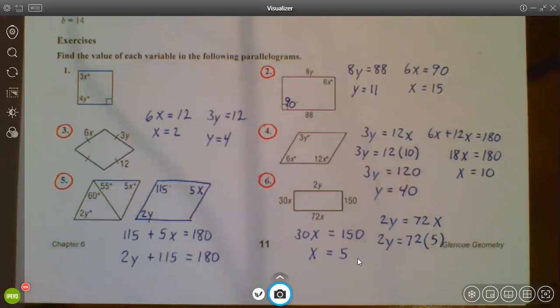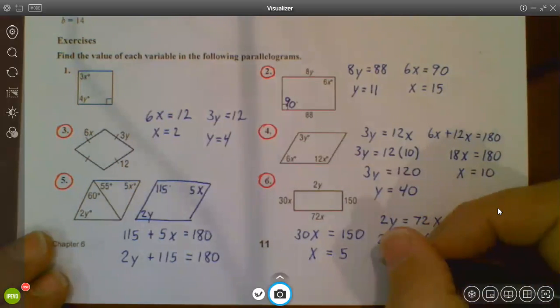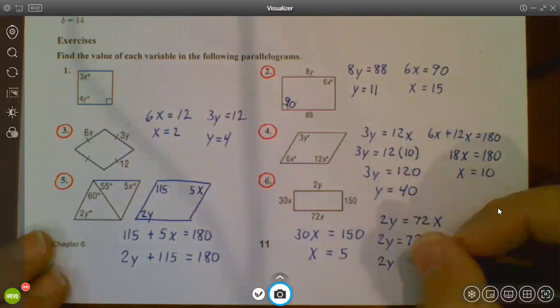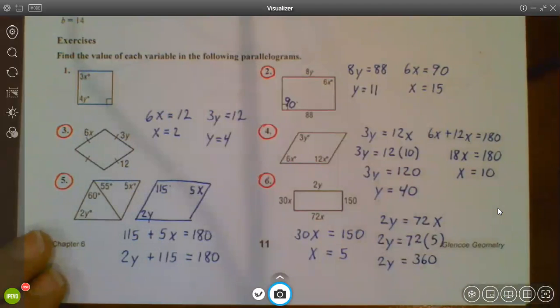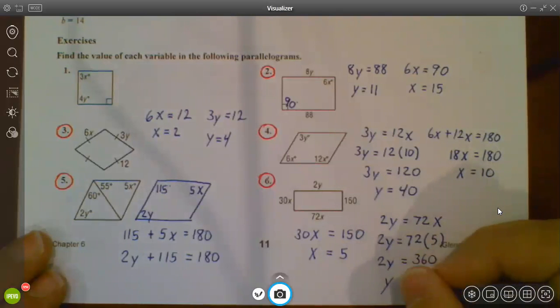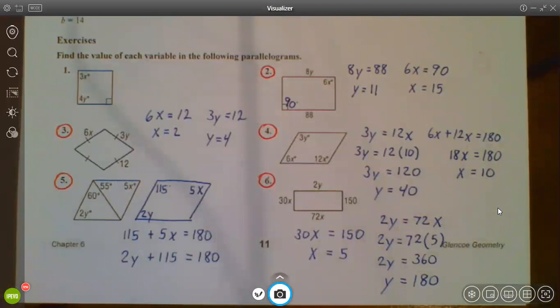Now that we know that x is 5, we did need to figure out what x was first, but now we can use it to figure out that y value. So if we multiply 72 times 5, we get 360. And divide both sides by 2. And we got our answer for y.